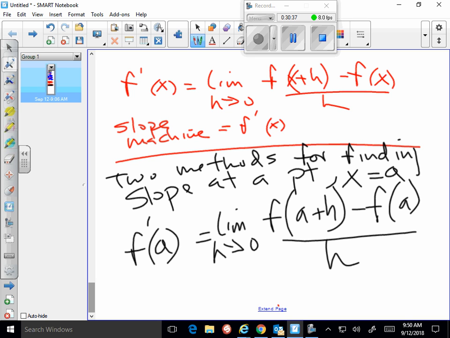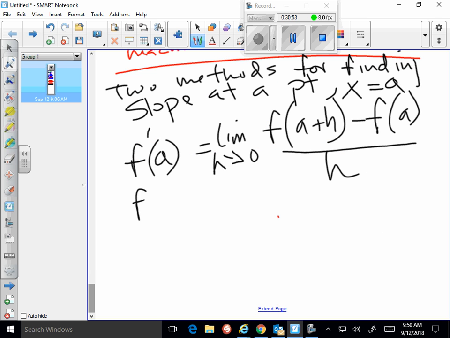Yes? So once you find the slope machine, would a problem ask at a certain point what's the slope? Like this problem said, what's the slope at 3? Okay. Hey, Darity. So our f of x is still x squared, and our a value is 3, because I want to know the slope of f of x at 3.